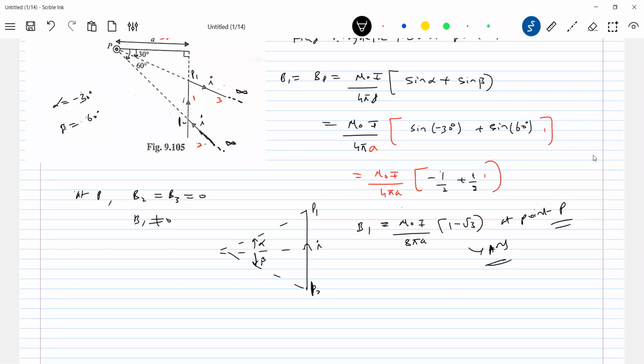So minus 1 by 2 and root 3 by 2, so root 3 minus 1 will come. What about direction? Direction should be out of the plane. Upper end, no? P1, P2. I just made a correction, just notice.